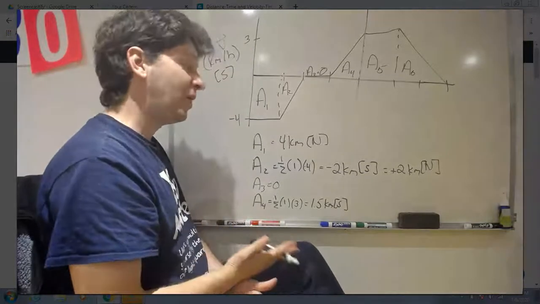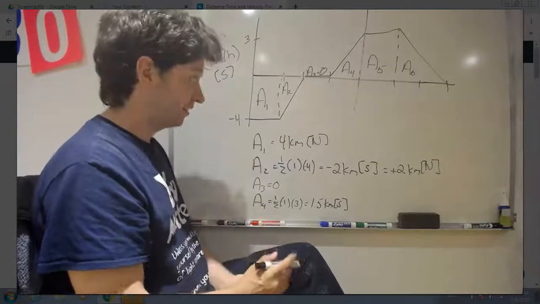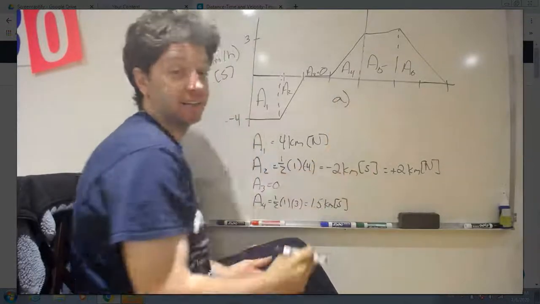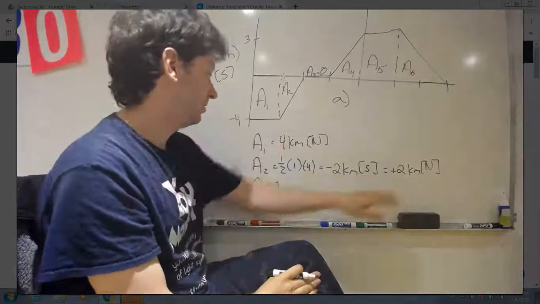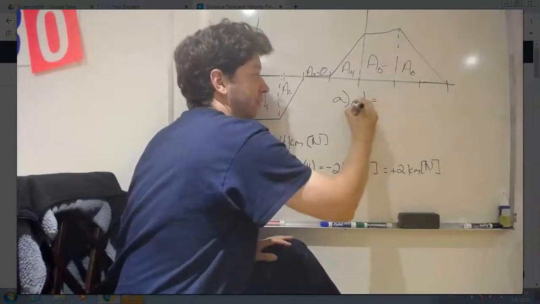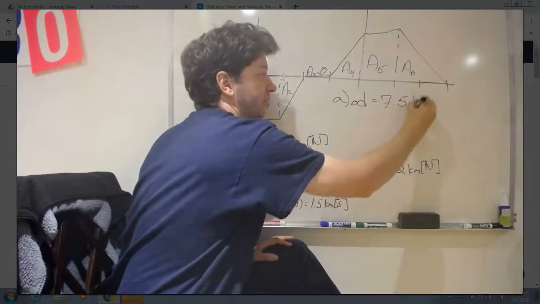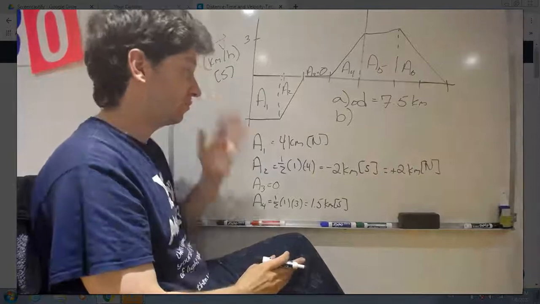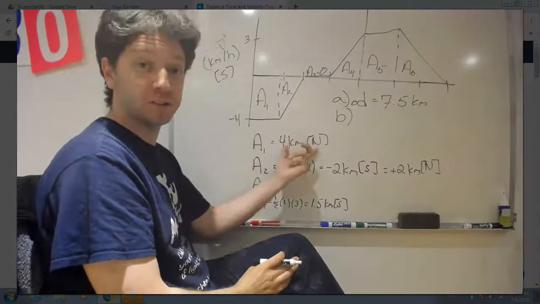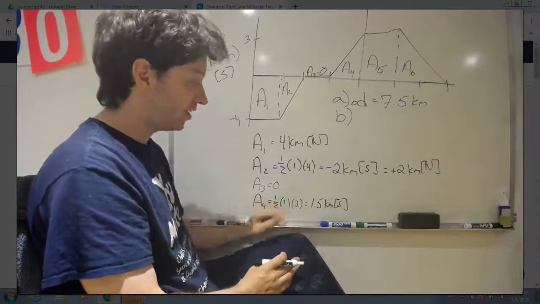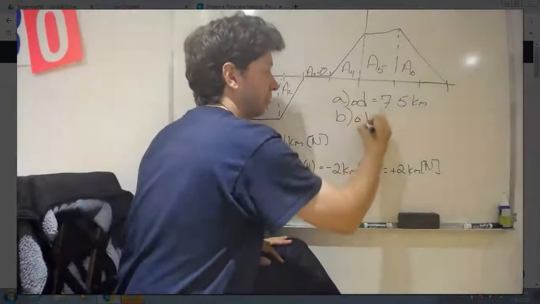All right, so for part A, you want to know the distance. All you're going to do is add the magnitudes. So you have 4 plus 2 is 6, plus 1.5 is 7.5 kilometers. For part B, if you want to know the displacement, well, we have 4 kilometers north, plus 2 north, that's 6 north, plus 1.5 south.